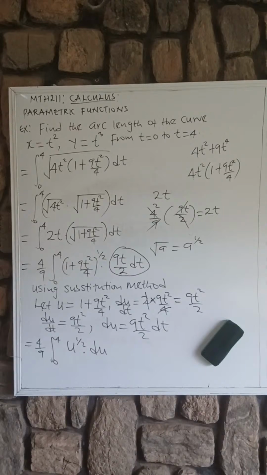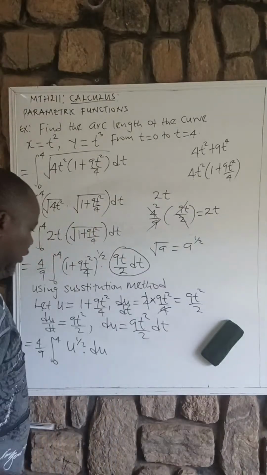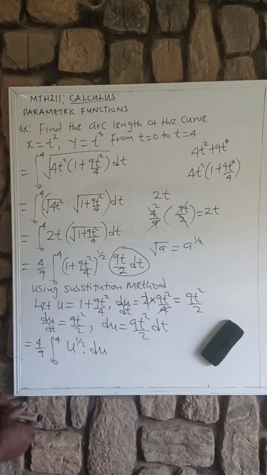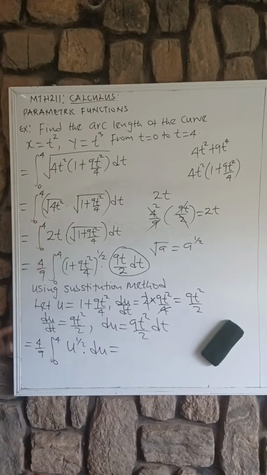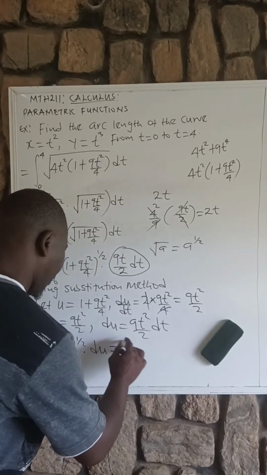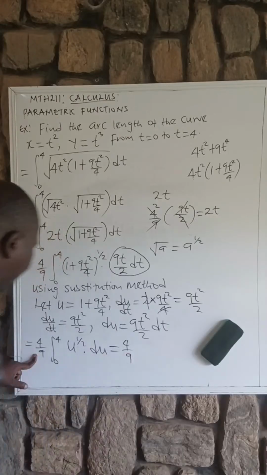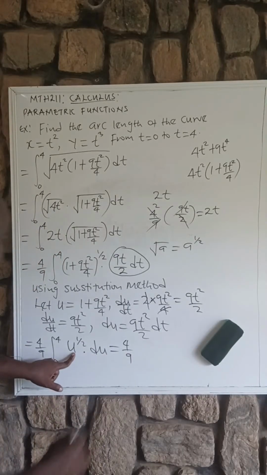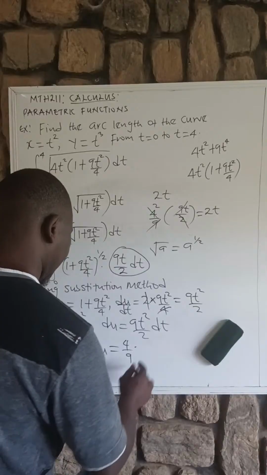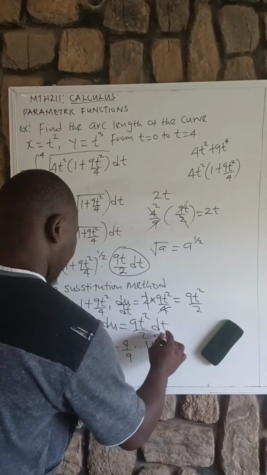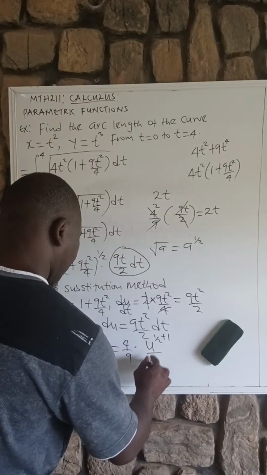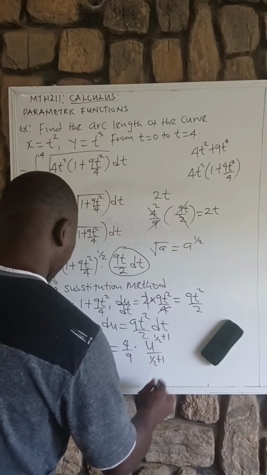So if you can see what I am saying here, mind you, this is a good question you will say. So this is equal to, we hold this one, 4 all over 9, as a constant. Then integrate this. When we integrate this, we are going to have u raised to the power of 1 all over 2 plus 1, all over 1 all over 2 plus 1.